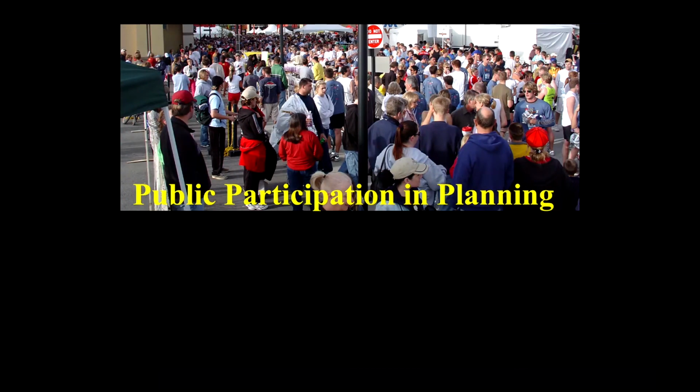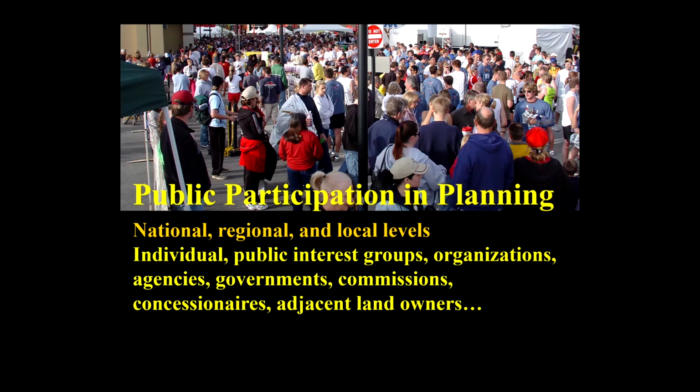All right, where does the public come in on this? There are planning meetings at national level, regional level, and local levels. When we talk about NEPA, you'll learn much more about this. It is required in NEPA as well as being required by the parks.